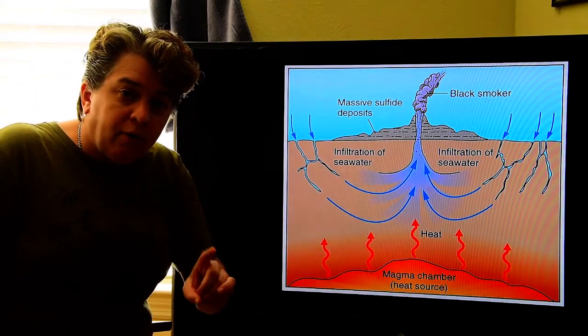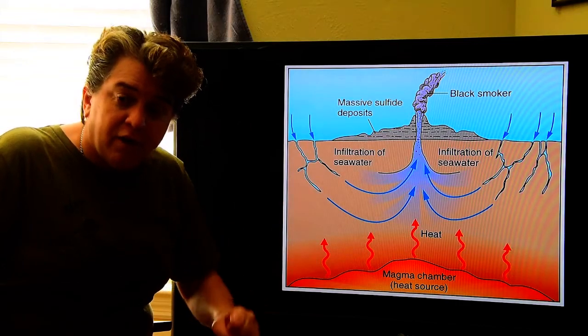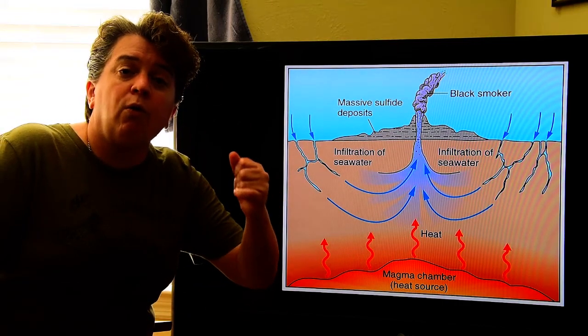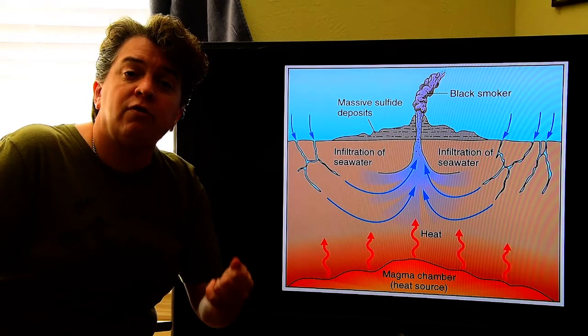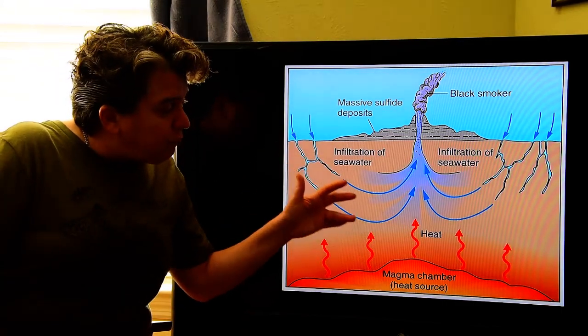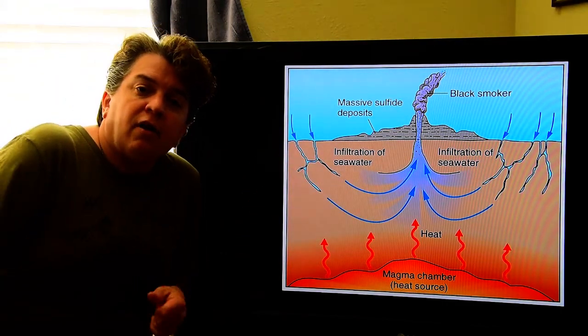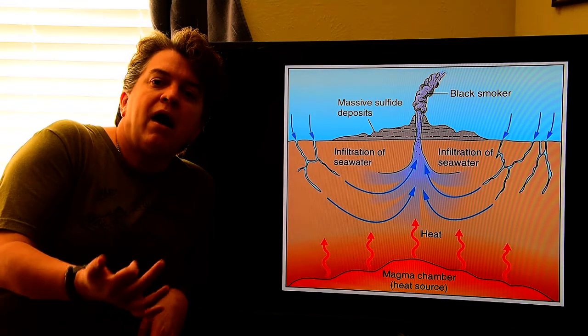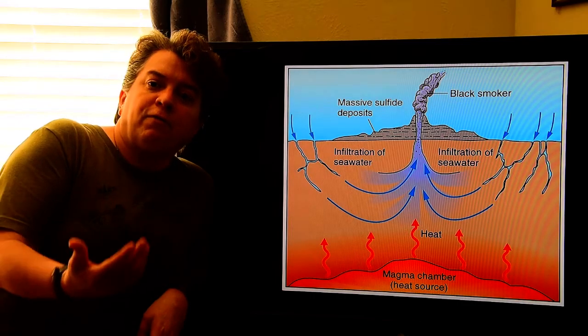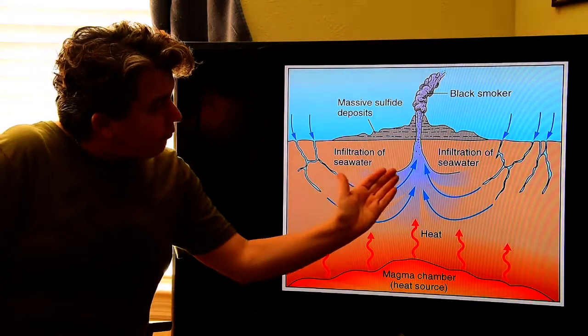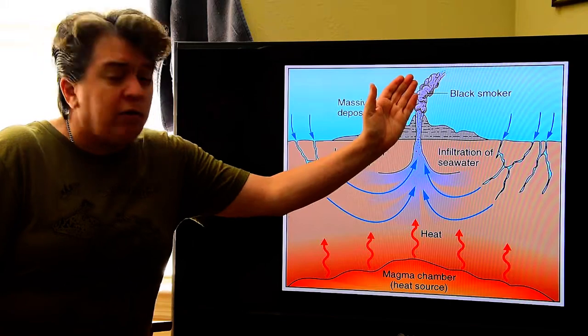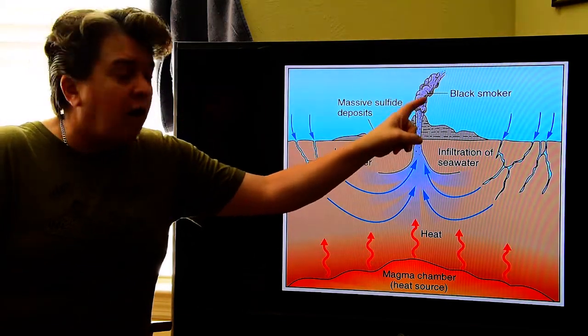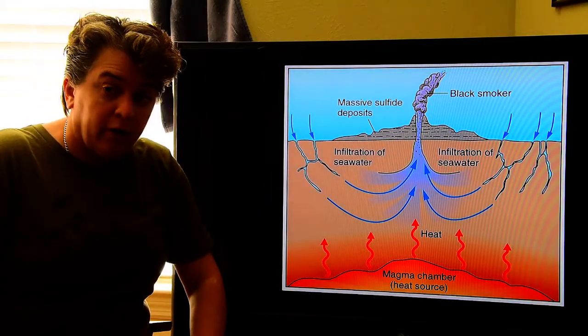And remember a rule I told you guys a few lectures ago: hot water holds more material in solution than cold water. So when this water gets heated up, it starts dissolving things out of the rocks like metals and sulfur, and then it rises up and comes out as this underwater hot spring called a black smoker.